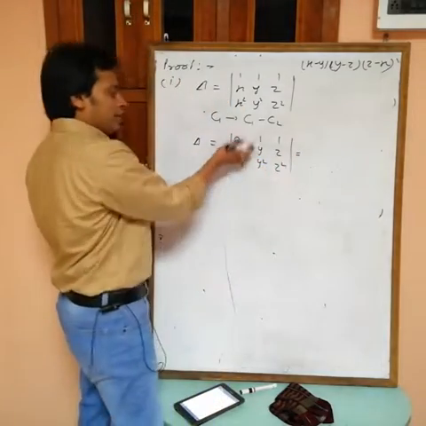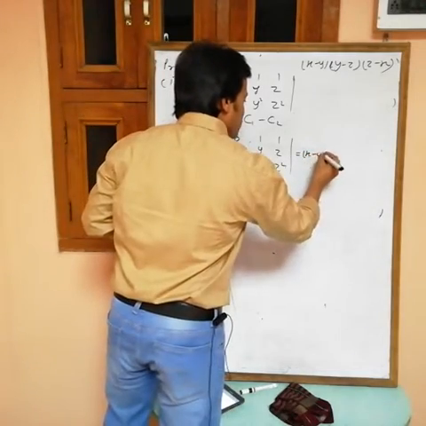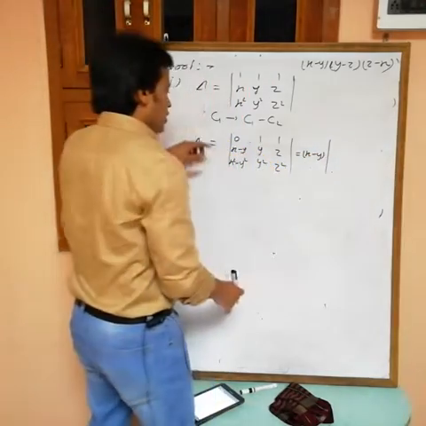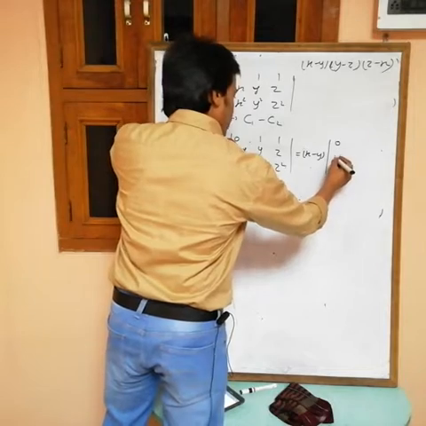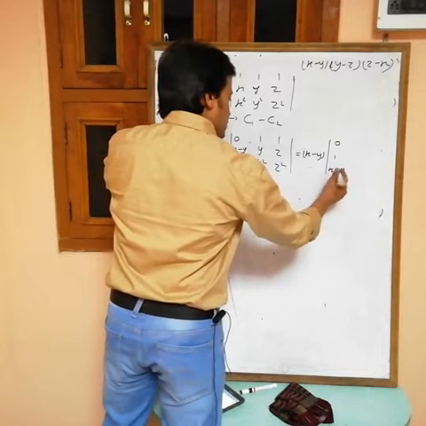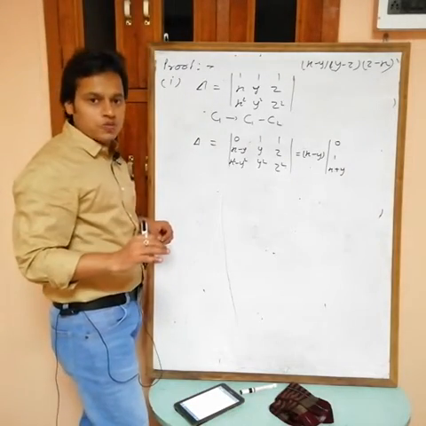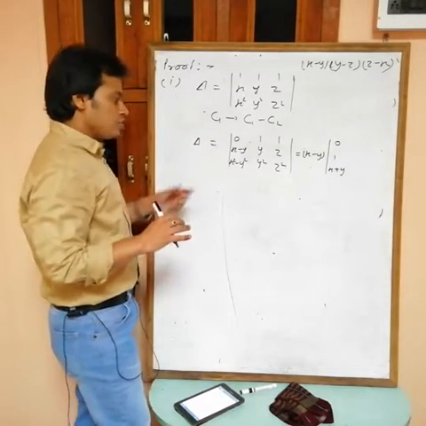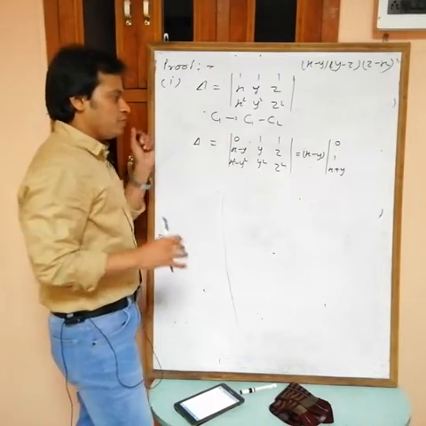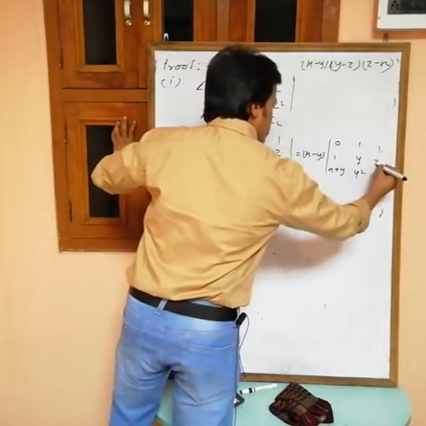So I am taking x minus y common from C1. Then you will get here 0, here 1, and here x plus y, because x square minus y square can be written as x minus y into x plus y. Then 1, y square; 1, z square.